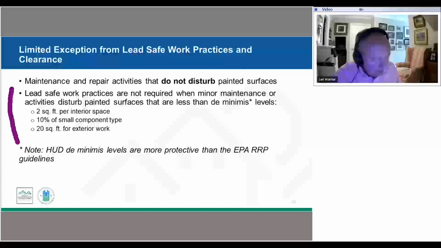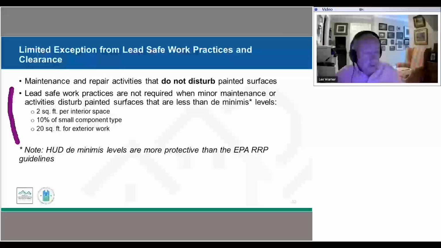Yep. So the question here is, when do we actually have to do testing on this? In being able to evaluate when you're doing any kind of work, first determine whether it is something that's not going to disturb any painted surfaces. Depending where the water heater is located and those surrounding surfaces, you may determine that this is exempt because it's not disturbing any painted surfaces.